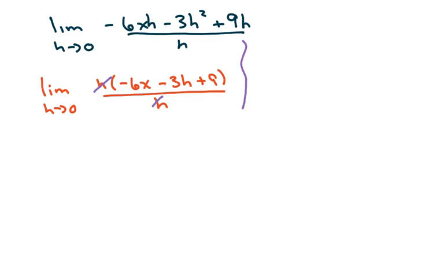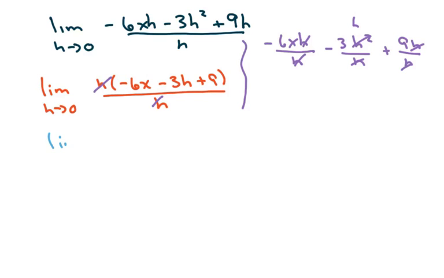If you're not comfortable with that, what you could do is just write this all over h separately, and then the h's cancel here, and you're left with 1h here, and you get the same thing. So basically what we have is the limit as h approaches 0 of negative 6x minus 3h plus 9.